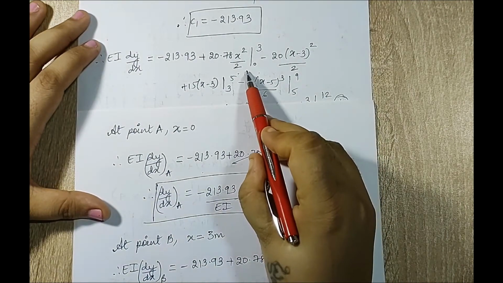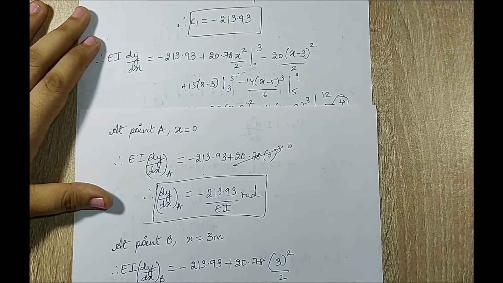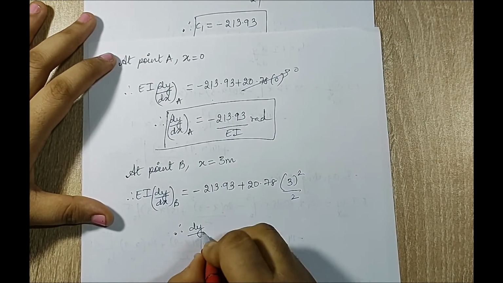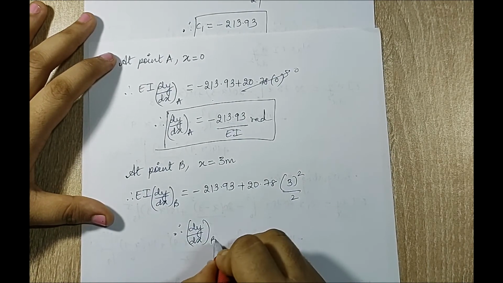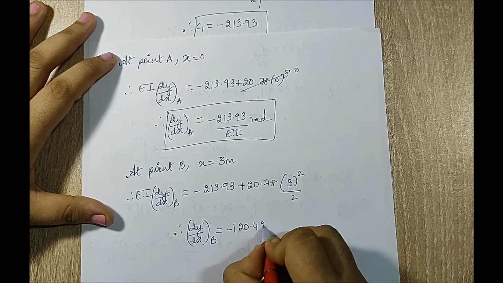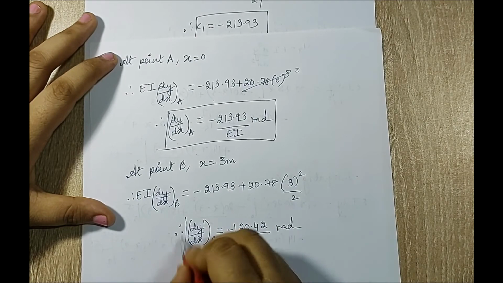I only have to use this much portion of the equation. As you can see, the higher limit is 3, so this is the only term I have to take. So I get the value of dy by dx at B as minus 120.42 upon EI radian.